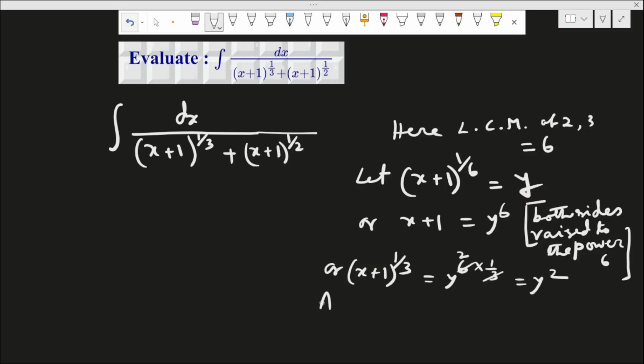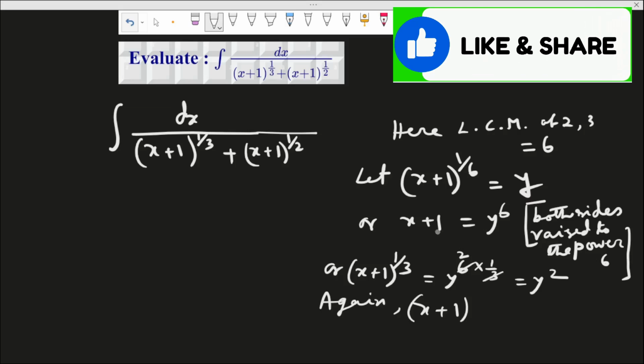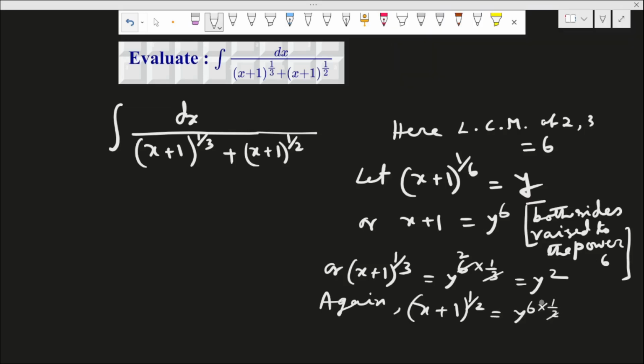Again x plus 1 raised to the power half is equal to y to the power 6 by 2, that is equal to y cube.